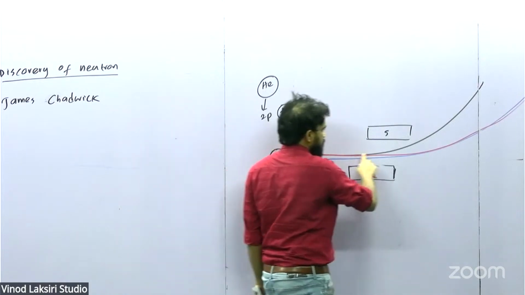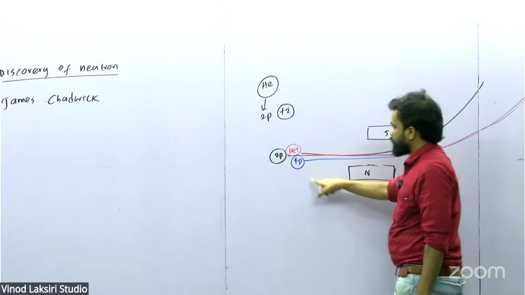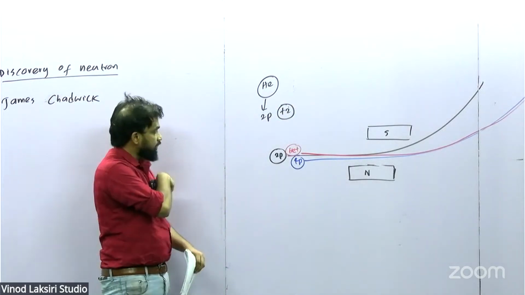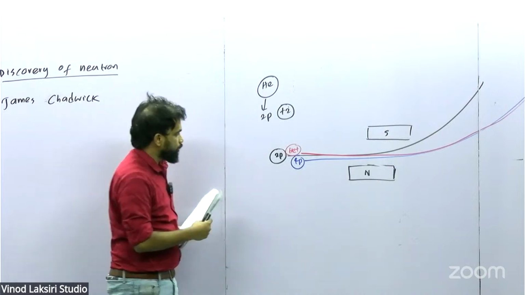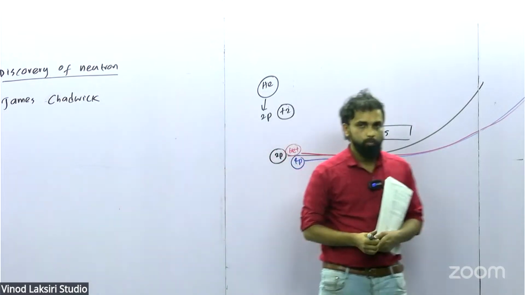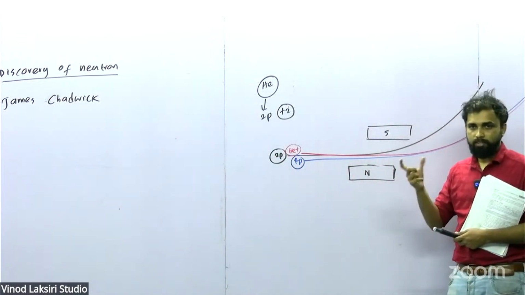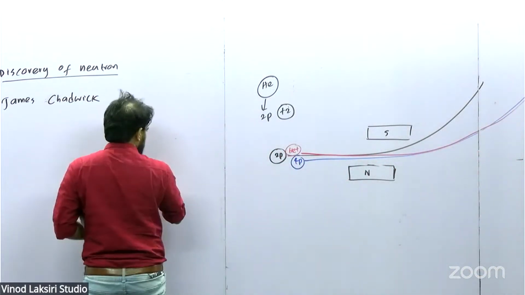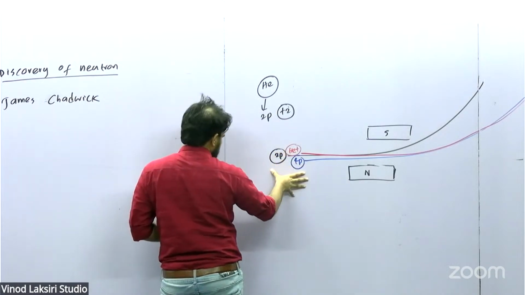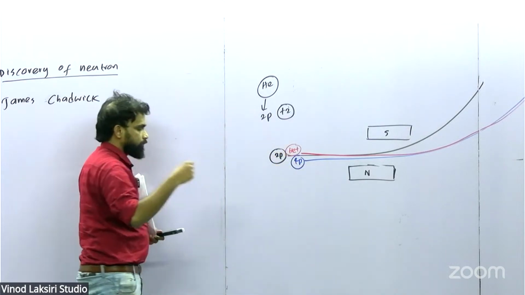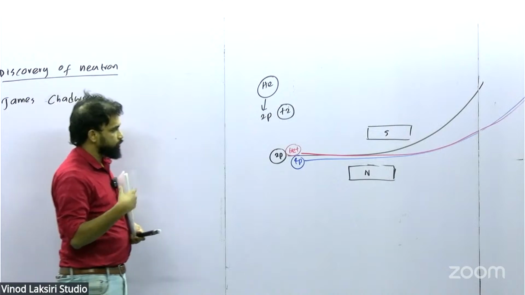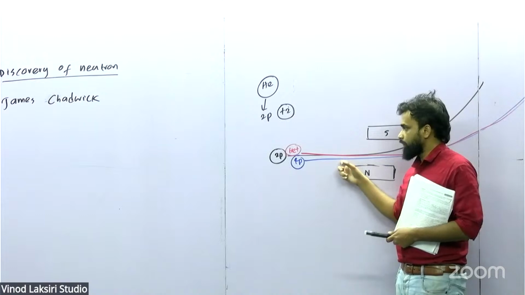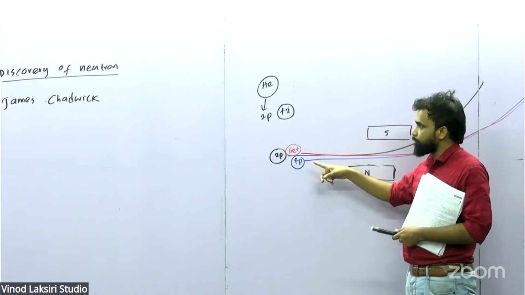The path is the same as the particle having four protons. Then they concluded that in helium, other than proton and electron, there should be another particle, and the mass of that particle should be the same as the mass of proton, right?